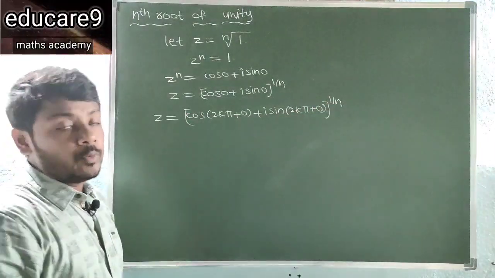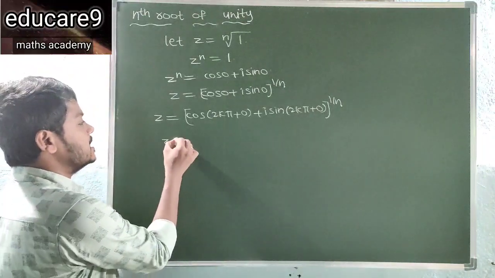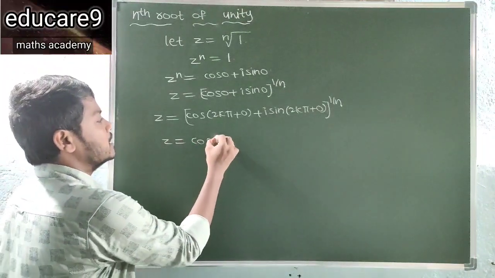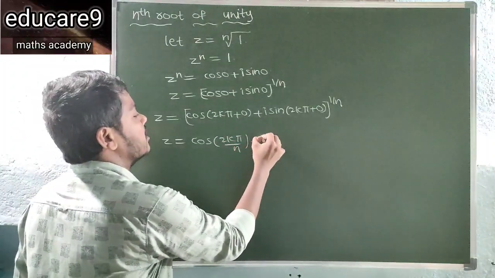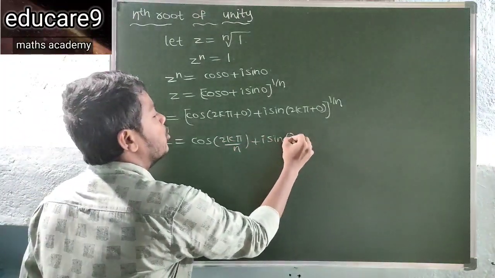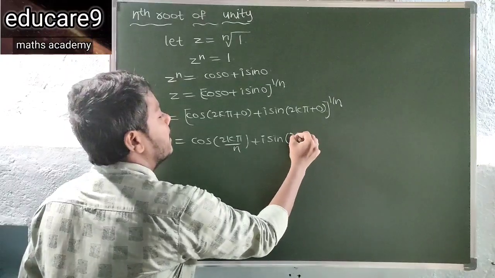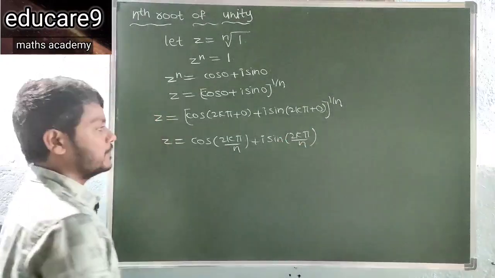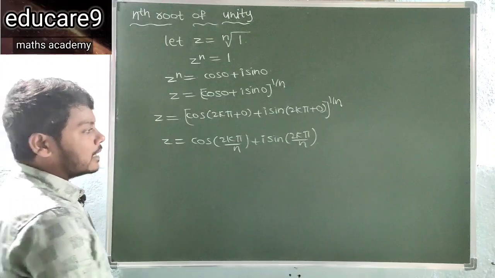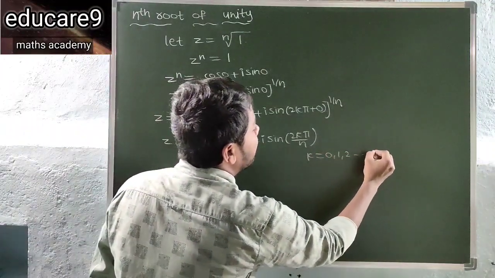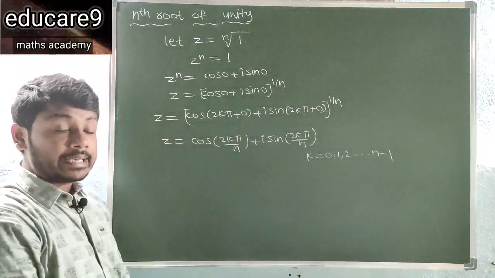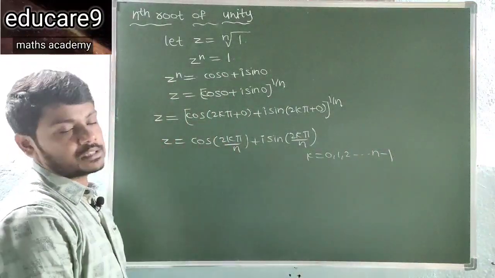Now apply De Moivre's theorem: z equals cos 2k pi by n plus i sin 2k pi by n. The k values are 0, 1, 2, up to n minus 1, so you will get n roots of this complex number.